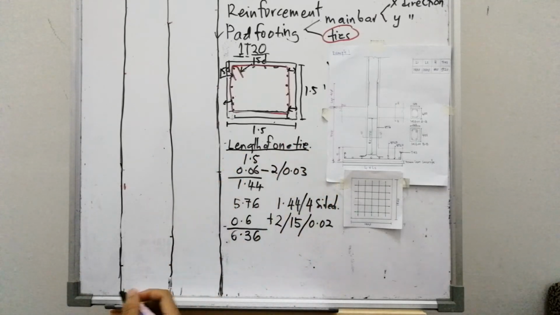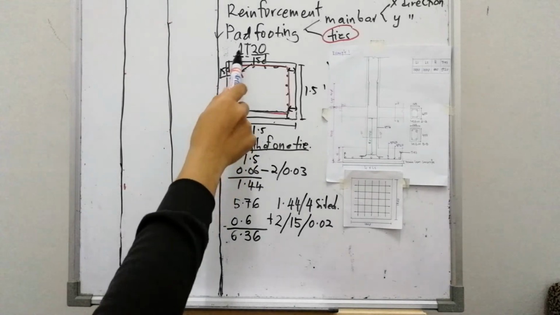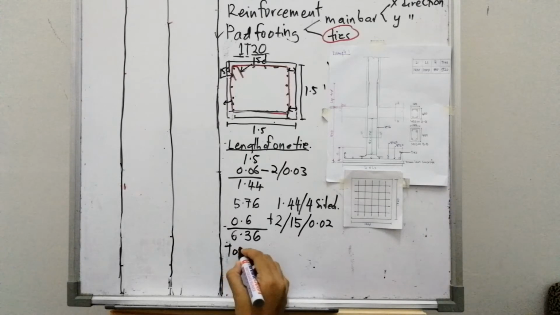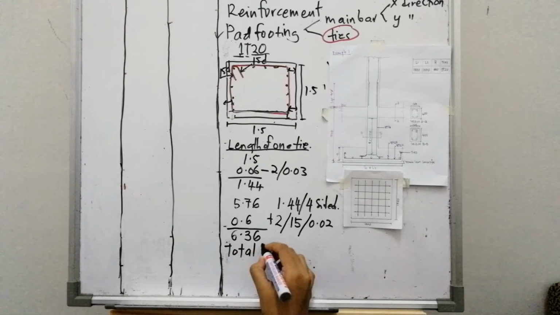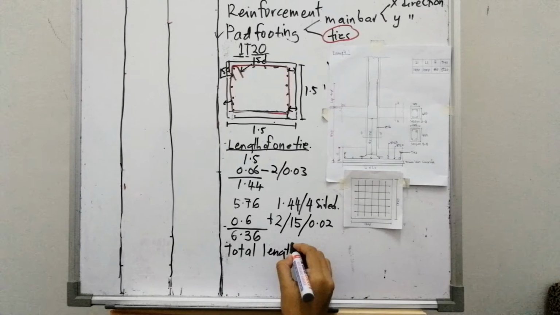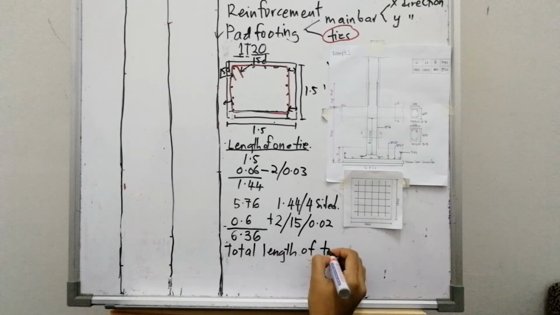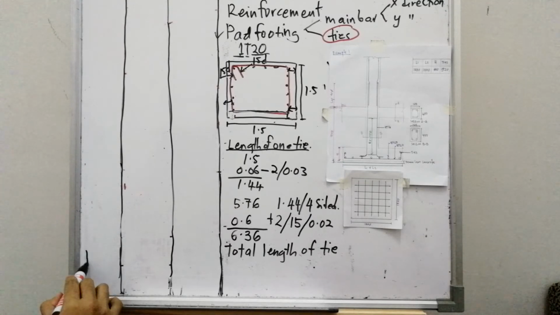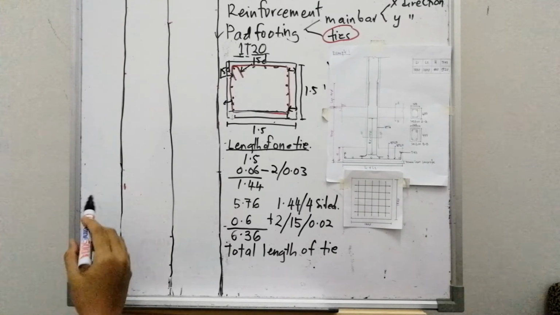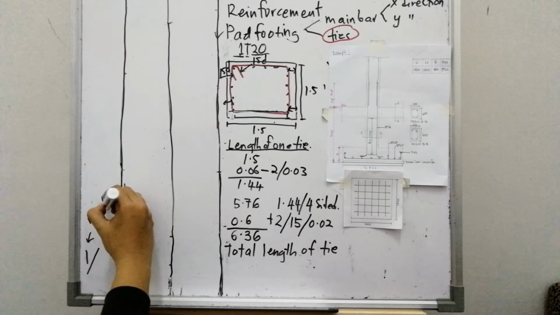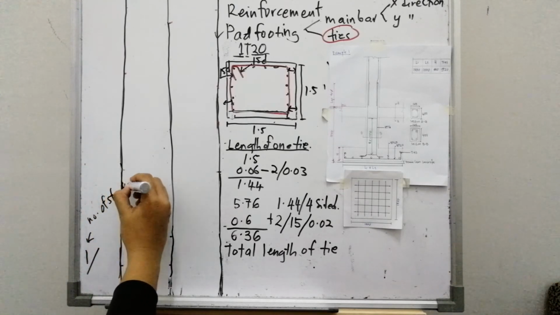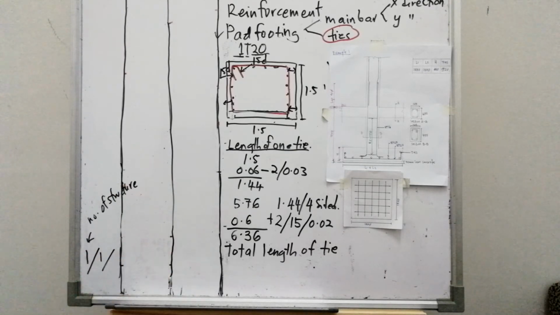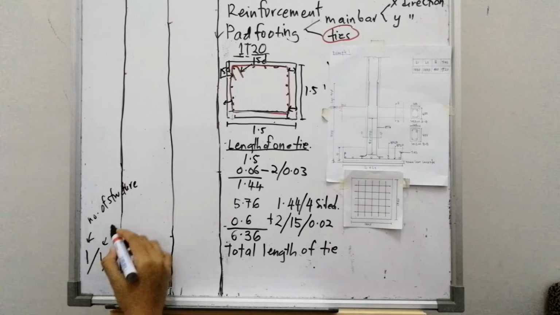Next, because in this case the given number of tie is 1, we can proceed to calculate the total length of tie, whereby we write 1 in the first column, which means number of structure. That is 1 pad footing. Then 1 is the number of tie.